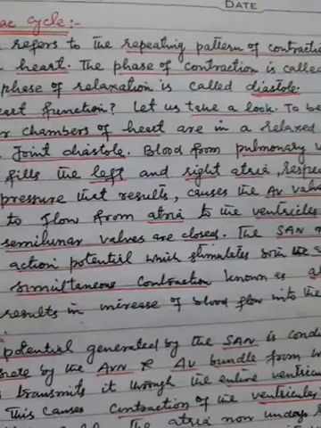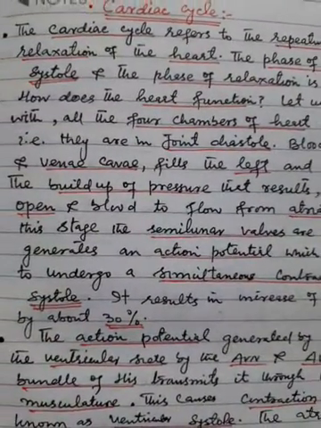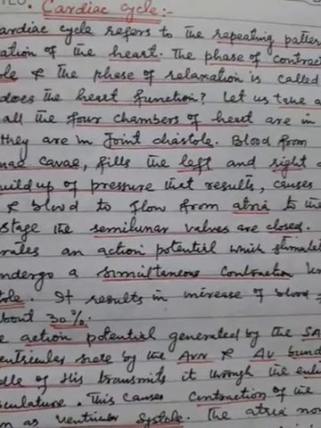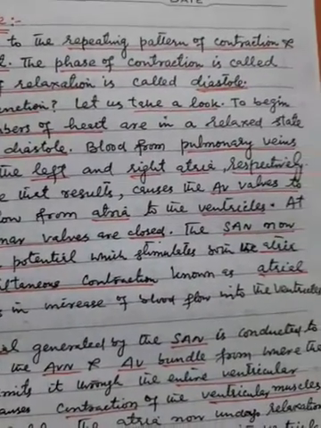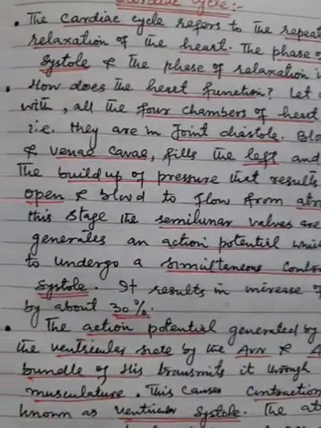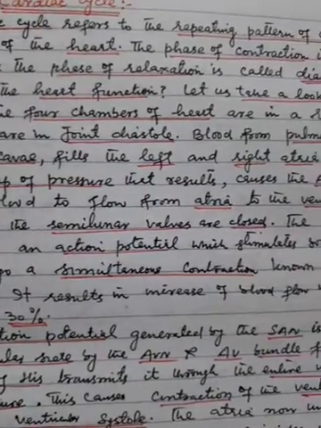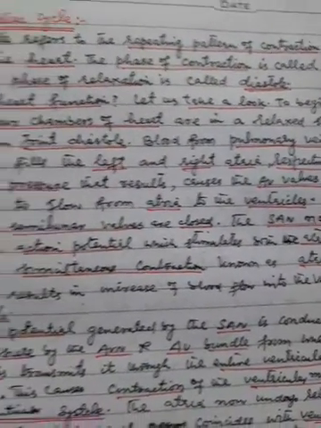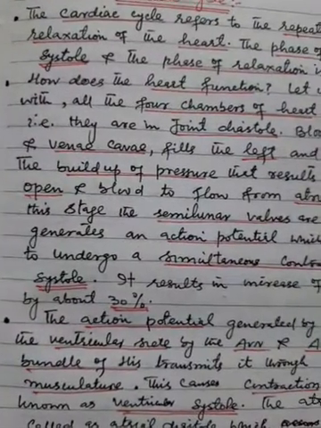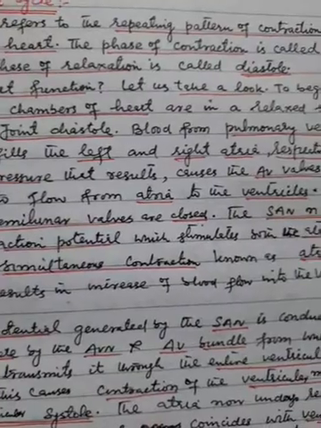Blood from the pulmonary veins and vena cava fills the left and right atria respectively. The build up of pressure that results causes the AV valves to open and blood to flow from the atria to the ventricles.